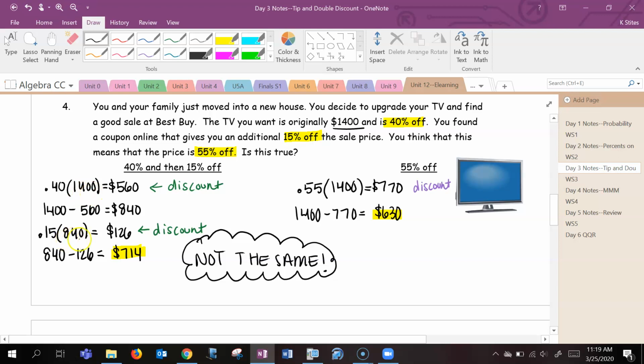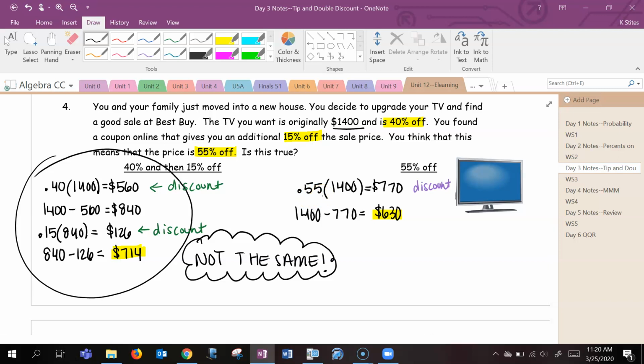It's coming off of the $840. Since it's coming off of a lower price, you get a lower discount. Okay, so if you're given an option, this would be better. Now, most of the time, it's going to be this situation. Okay, but if you're asked like, hey, are they the same thing? They are not. Okay, having the 55% or whatever taken off at once is always better for you in terms of a sale. Okay.